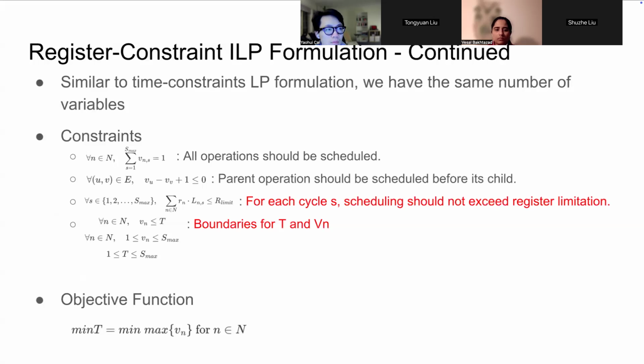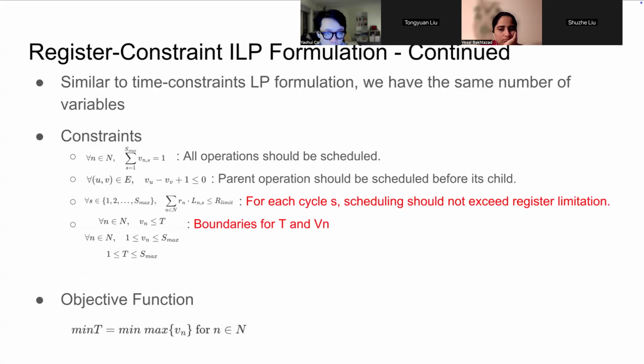Now let's talk about the register constraint formulation. The register constraint formulation is very similar to the time constraint formulation, where they have the same number of variables and their definitions are exactly the same. However, for the constraints, because the register is a constraint, we need to provide it as a constant.